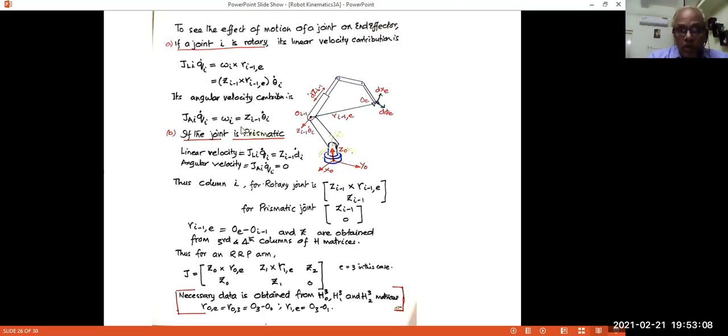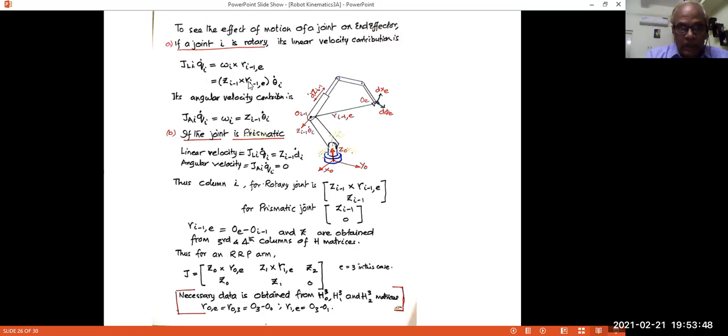What about the angular velocity contribution? As it rotates like this, take this frame as fixed; all these are rigidly connected and not moving. So if it is moving, the whole thing will move as a rigid body, and the angular velocity of the frame attached to the end effector will be the same as the angular velocity about z_(i-1). So J_Ai times q_i dot, the bottom part of that column, is just omega_i, which is equivalent to z_(i-1) times theta i dot.